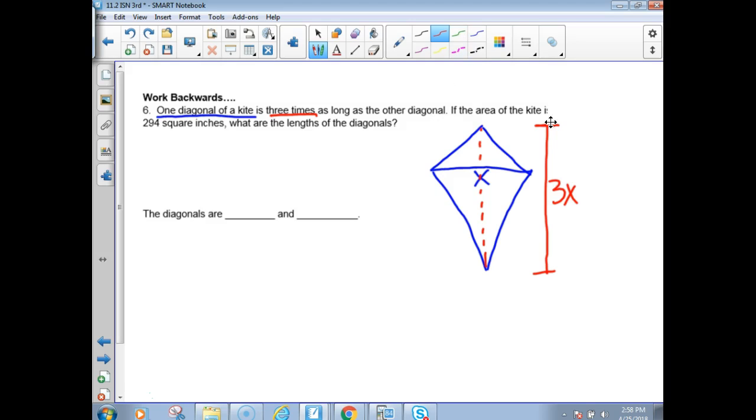Okay. If the area of the kite is 294, that is A. What are the lengths of the diagonals? Okay, so we have let diagonal 1 equal x and diagonal 2 equal 3x. We've got an A is 294. So here's what we got to do to solve. The formula for the area is diagonal 1 times diagonal 2 divided by 2.